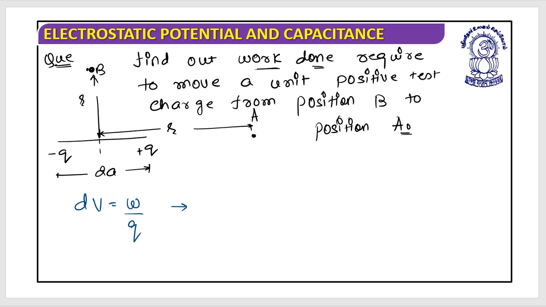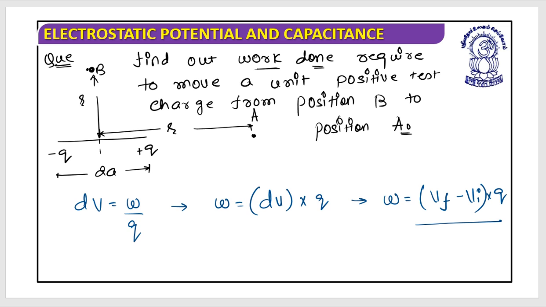So from this, can I write like this? Work done is equal to dV multiplied by q. And I am also entitled to write V final minus V initial multiplied by charge q. Work done is equal to V final minus V initial multiplied by q.